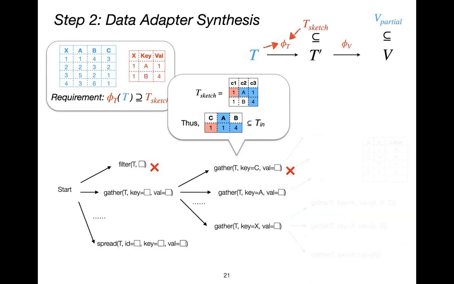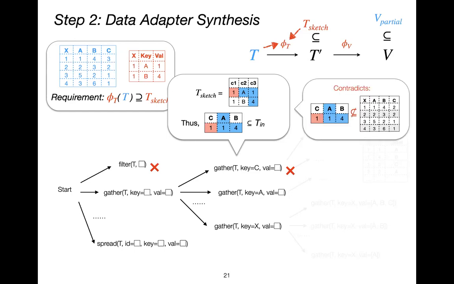If we know the table sketch looks like this and the partial program is like this, then we can undo the rotate. Then we know there must be a row 1, 1, 4 contained by the input table. Now we can compare this to the input table. The input table does not contain this row, and we can derive a contradiction that this partial program is not applicable.